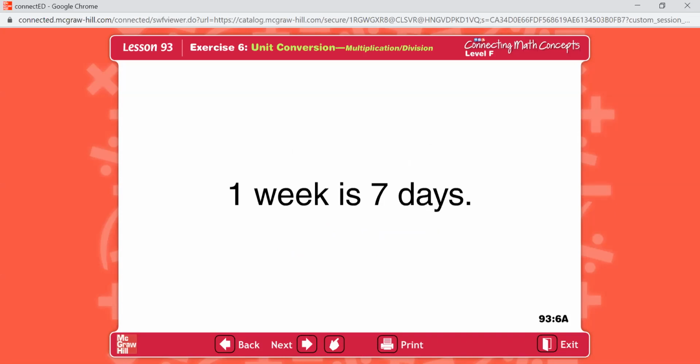There are more days. How many times more are there? 7 times more. So to end up with days, you multiply by 7. To end up with weeks, divide by 7. So if you're going to work the problem backwards to figure out weeks, you divide. If you're moving forward to get more, you multiply.